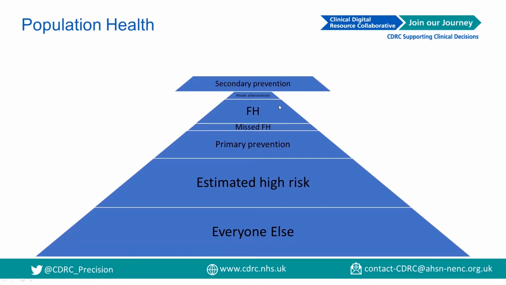We've got patients with familial hypercholesterolemia, and we know that many of those are unidentified. Then we've got the patients who are eligible for primary prevention, and we need to make sure we've identified as many of these people as possible, and we've offered them appropriate intervention. And then we need to take those people who are estimated to be at high risk, who might need to move into that primary prevention category, and make sure that they're offered a risk assessment.